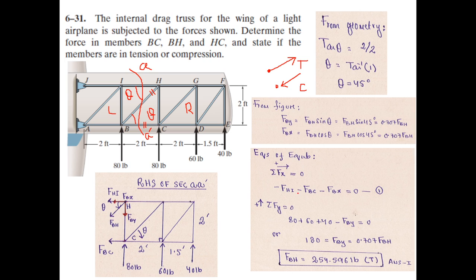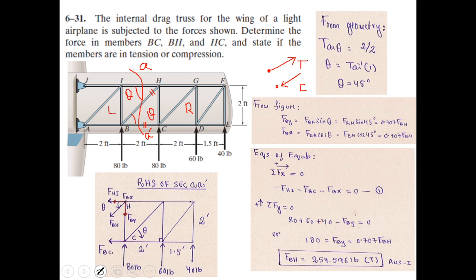So all of them are negative here. But this equation is not going to do any good for us, so we have to write down summation of Fy equals 0. And for that we will be using this force of 80 pound, 60 pound, 40 pound. All of them are acting upwards, so they are all positive, and the y component of Fbh is negative.